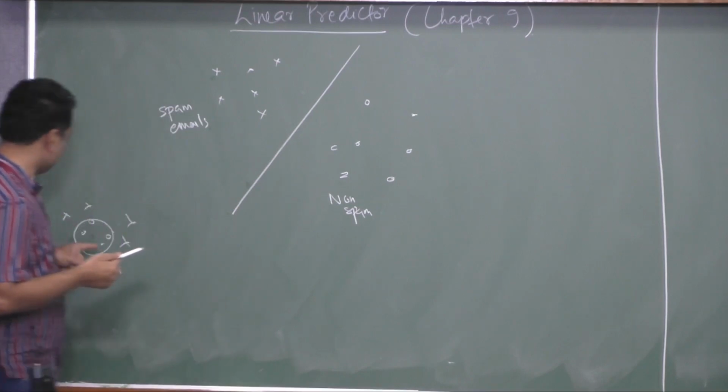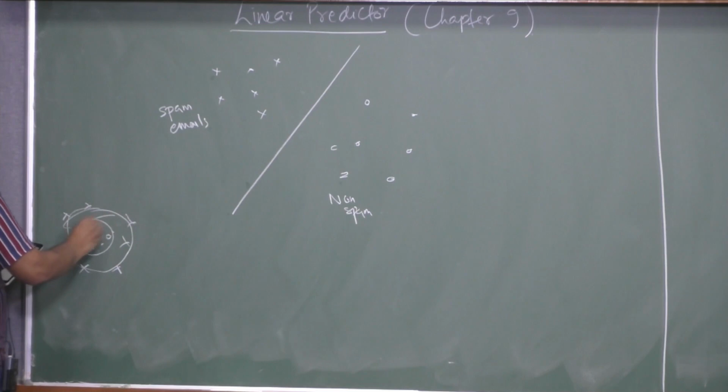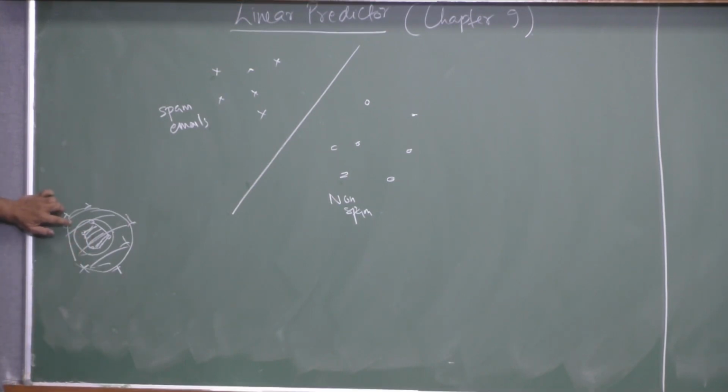In this case, as you can see, the separating hyperplane doesn't work. If I construct a convex hull, then this will be this, and the convex hull of these points will be this. So they intersect, they are not disjoint. In that case, I cannot build a linear separator.